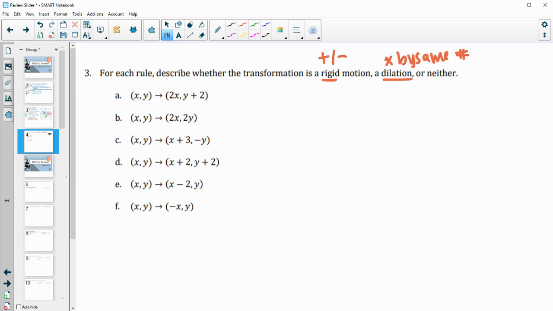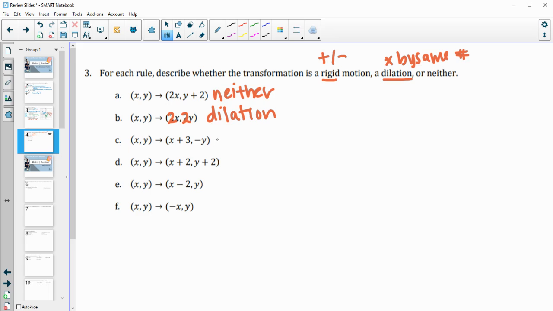And then neither would have multiplication by a different number. So this first one is going to be neither, because it's got multiplication and addition. This next one is a dilation because it's got a scale factor of 2. So these are the same multiplication here.